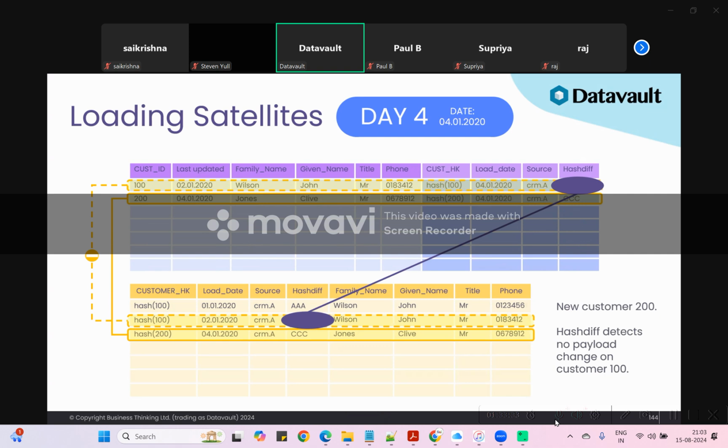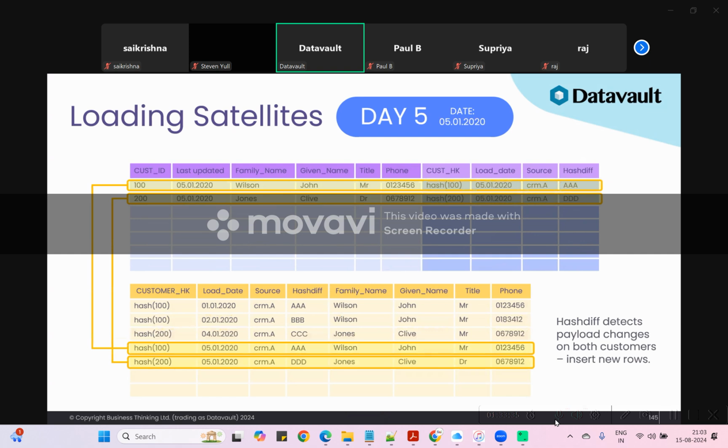And then day 5, I have two changes. So customer 100 has gone back to the original phone number, which means the hash diff is now back to the original value of AAA. But you compare that to the latest record in there, and there has now been a change.